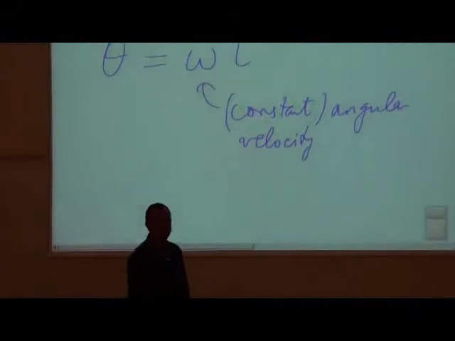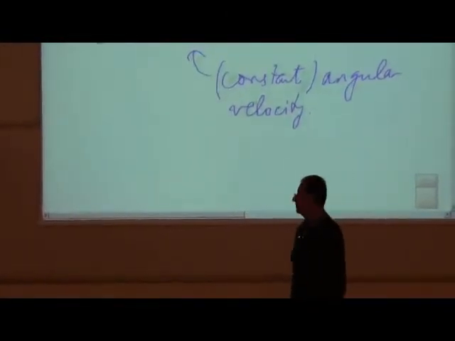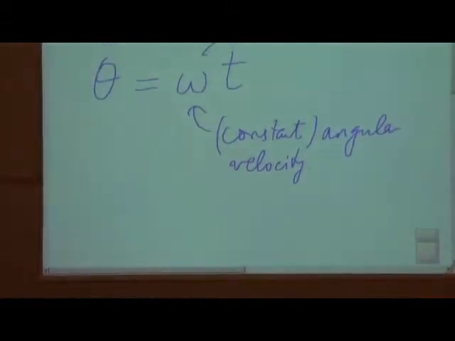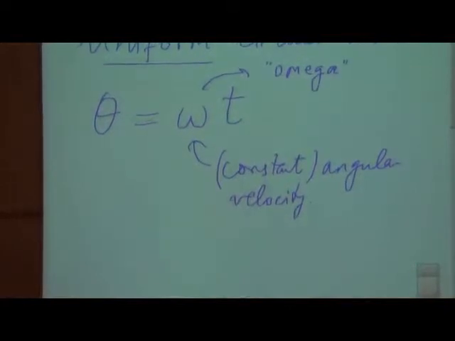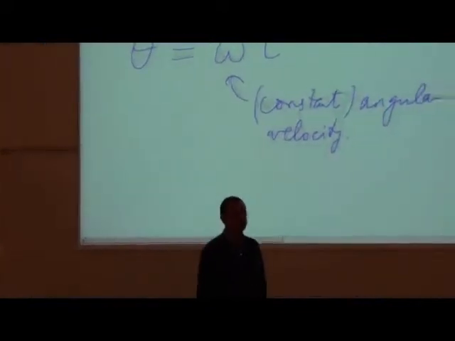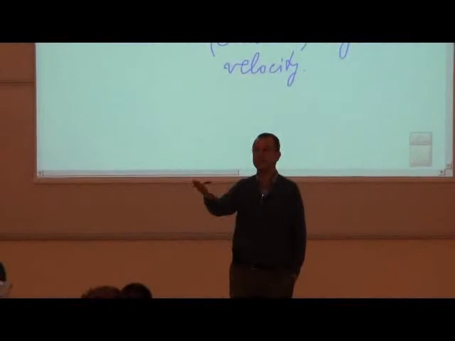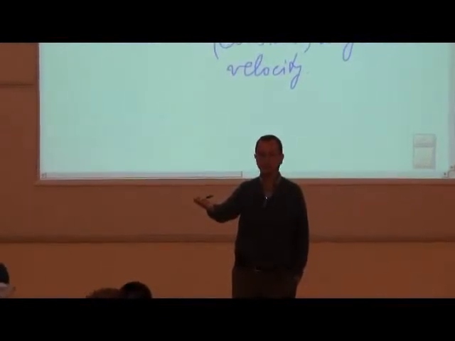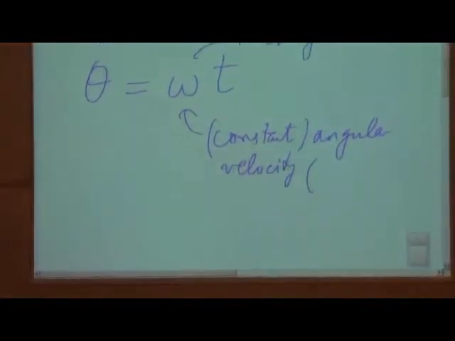Constant angular velocity. What is the dimension and unit of this omega? It's pronounced omega, not W. What is its unit?